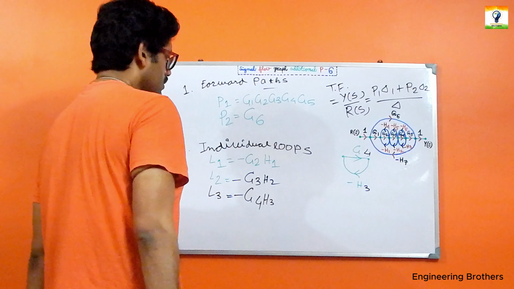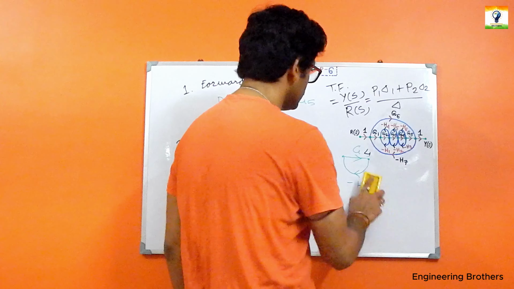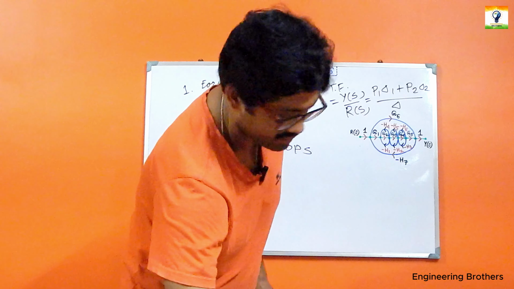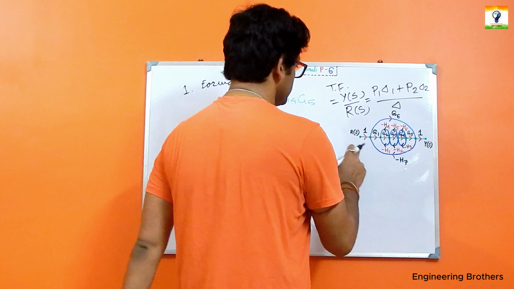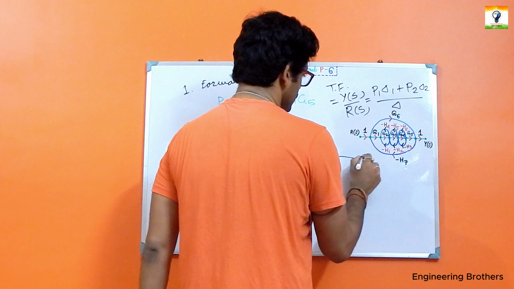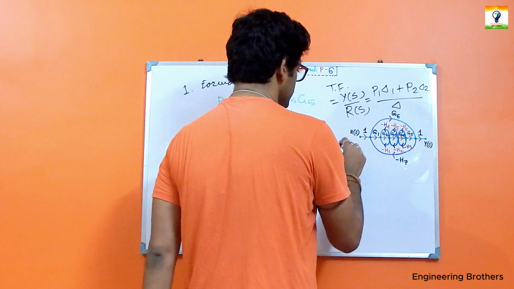Okay. Now we should consider another set of loops over there, if we follow the upper part of our considered part. Then we have got another set of equations for our individual loops, which is this one.